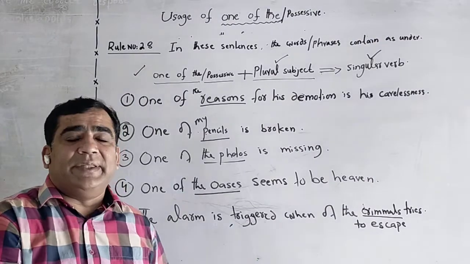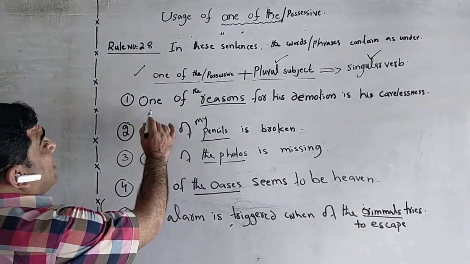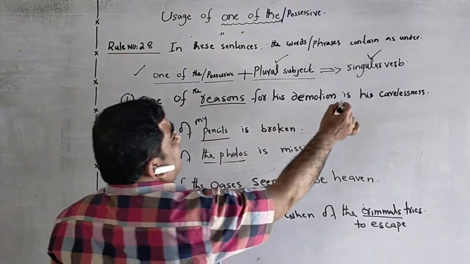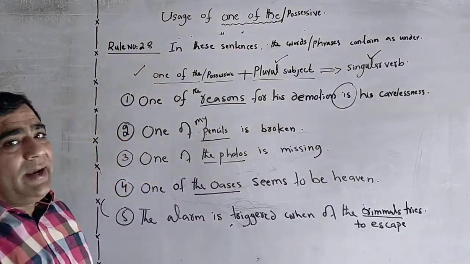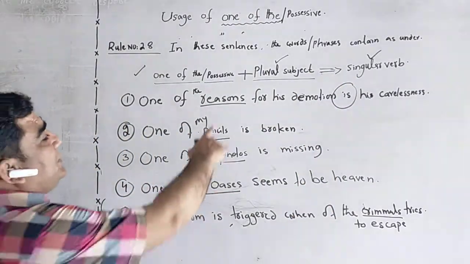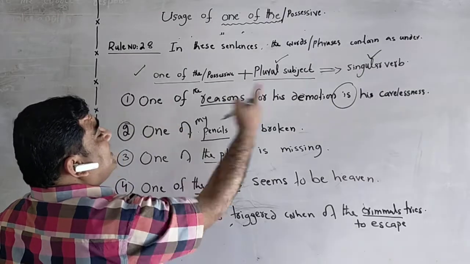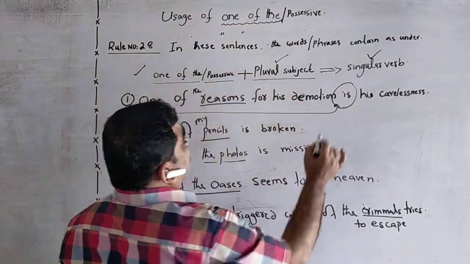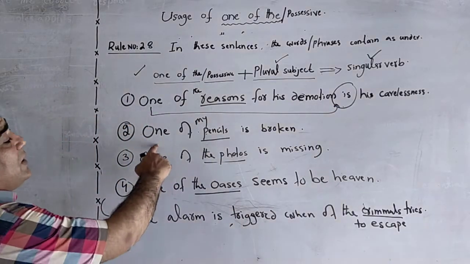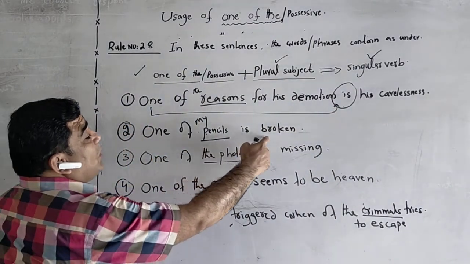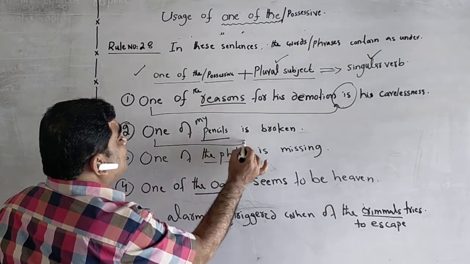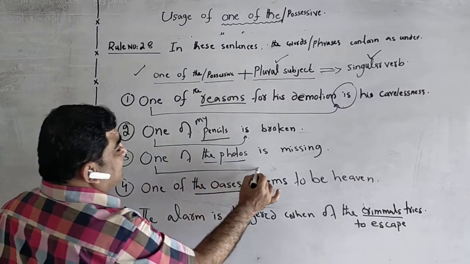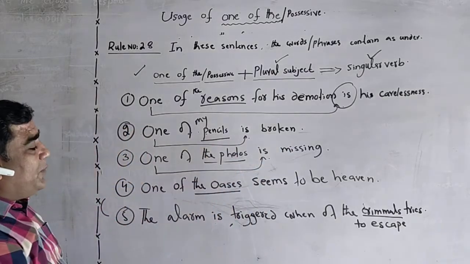For example, one of the reasons for his demotion is his carelessness. Reasons is there, but because of "one of the", we put "is" here. One of my pencils is broken. So the verb agrees with "one", not the pencils. One of the photos: the verb agrees with "one", that's why we put it this way.